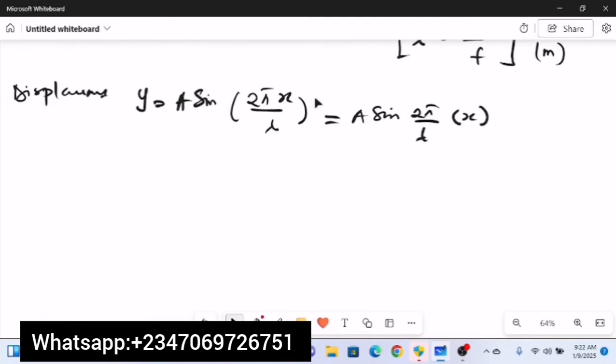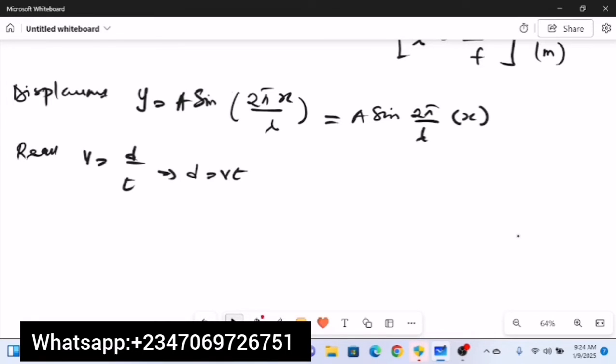All right. Now if you consider the motion of a wave at a given time t, then you have to recall that velocity, or speed, is distance all over time. So you can make distance the subject, and it becomes what? Velocity times time.